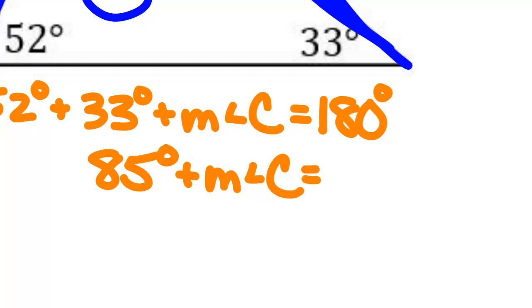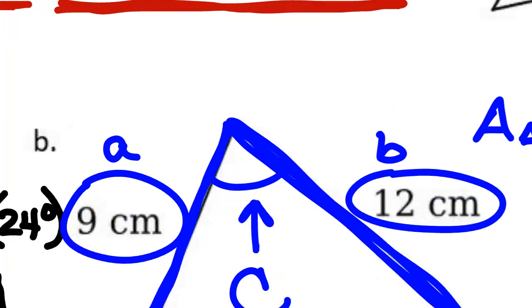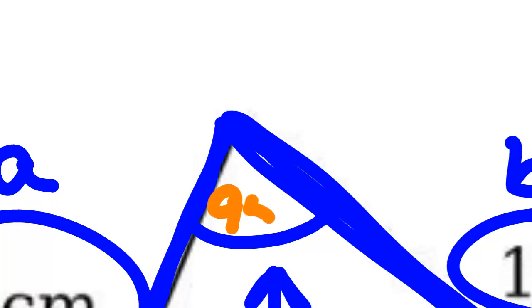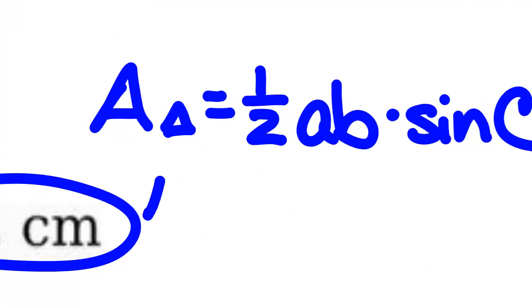And what is 180 minus 85? How much? 95, thank you. So 95 degrees is what we're going to put in for C. So I need sine of 95 degrees.